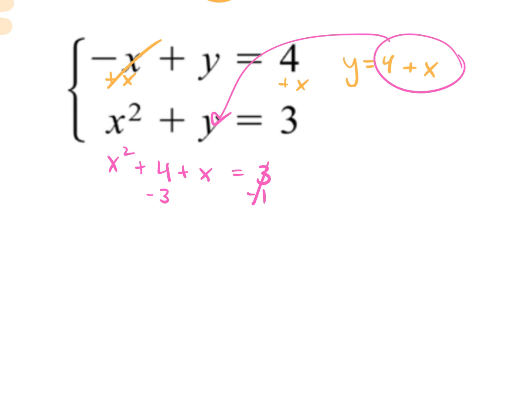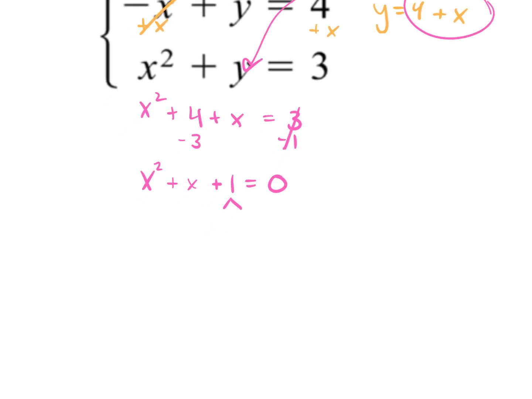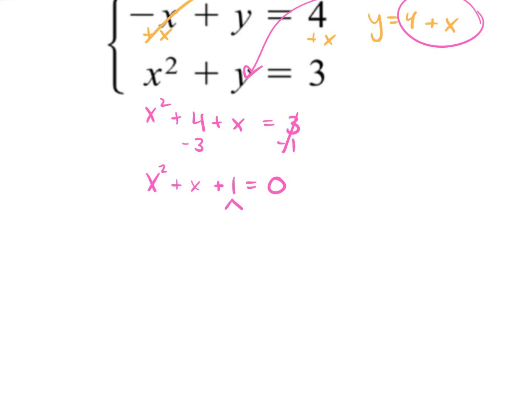So I want to get it to be equal to 0 because we know we have to factor. So x squared plus x plus 1 is equal to 0. Do we have two factors of 1 that add to 1? No. It doesn't factor, so this would be no solution.